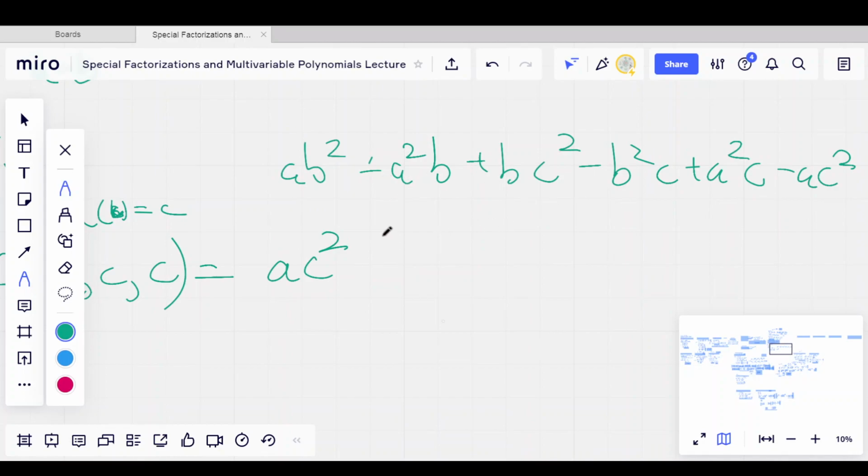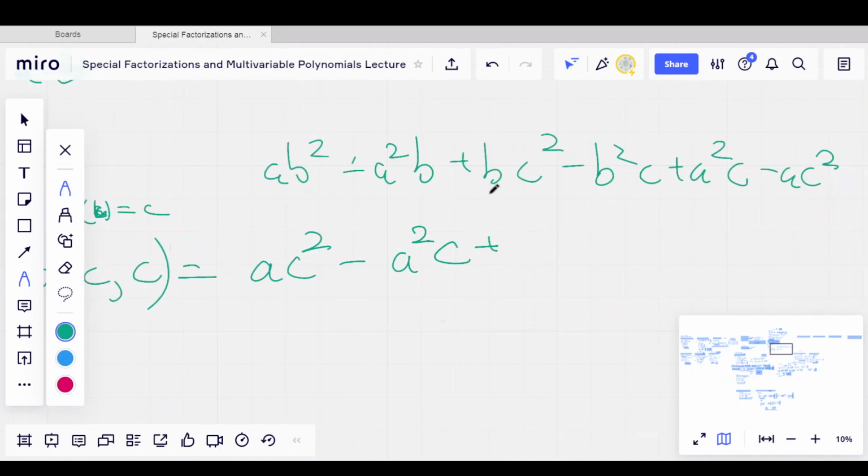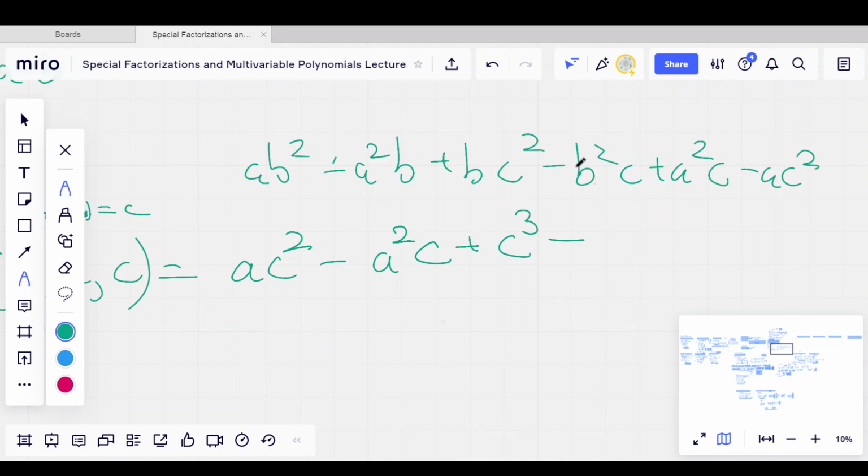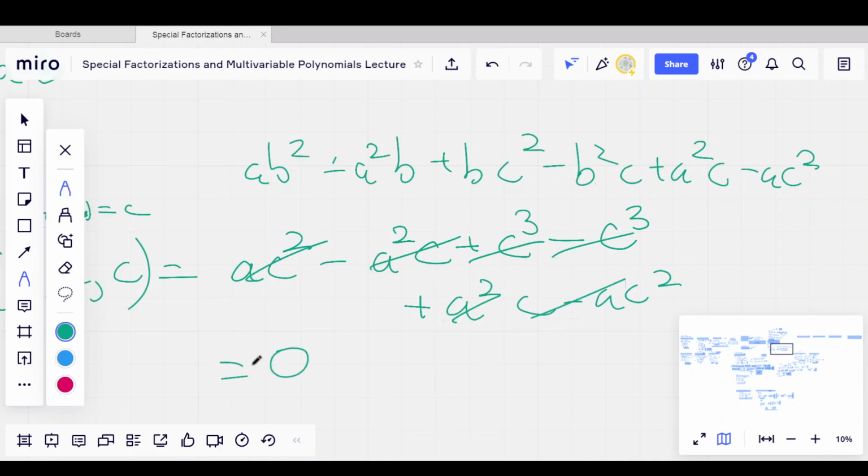So a squared b, that's just a squared c, plus b, we have another b, so it's just c cubed because this b is a c, minus this b, so c squared c is just c cubed, plus a squared c minus ac squared. So bam, bam, bam, and this is 0.